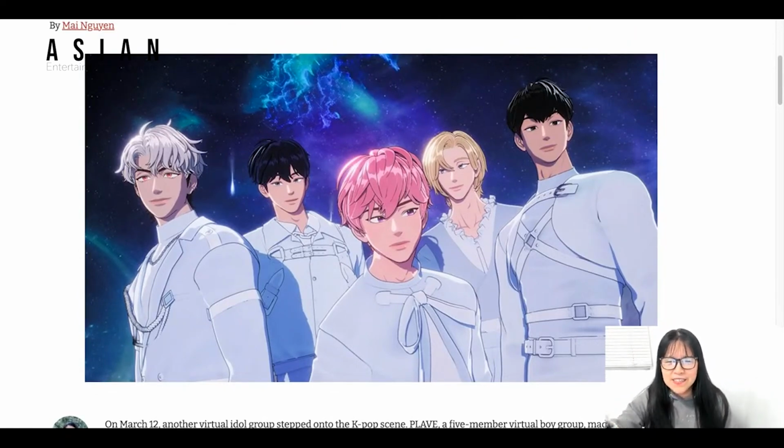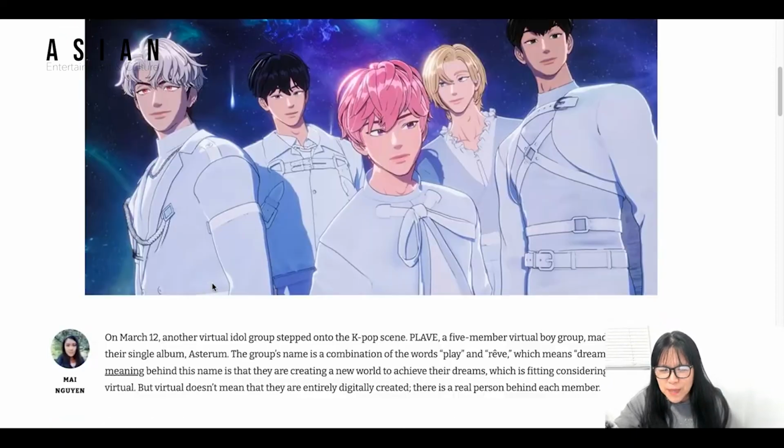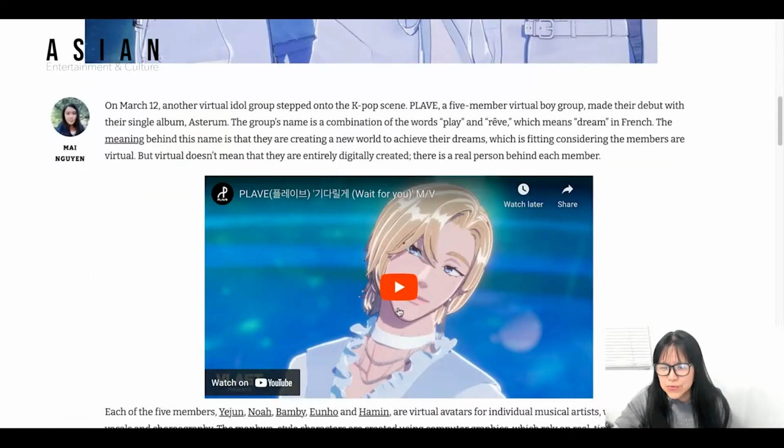As I've said, they do rotoscoping in order to approximate how they look. So the assumption is that this cartoon animation actually looks like the actual members of Plave. As of now, they don't have any plans of revealing their actual identity, but they are big in Korea, as you can see.